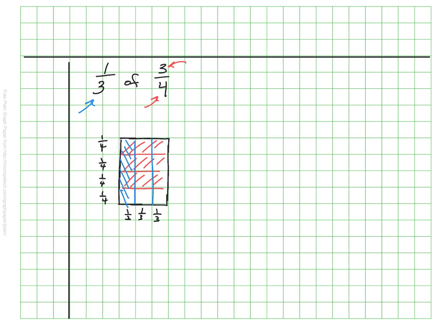And I'm just going to go ahead and label those pieces just for emphasis here. But where we have the overlap is where we actually see our solution to this. So if I'm looking for 1/3 of the 3/4, I'm looking right here where my sections overlap. And I'm going to use that to come up with the answer to my multiplication problem.